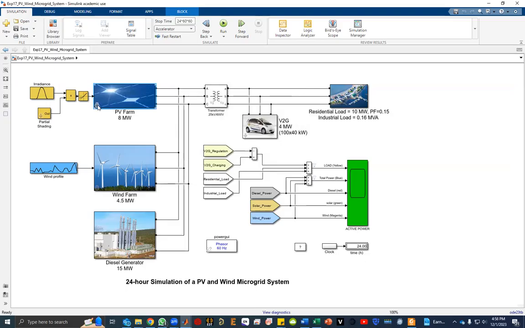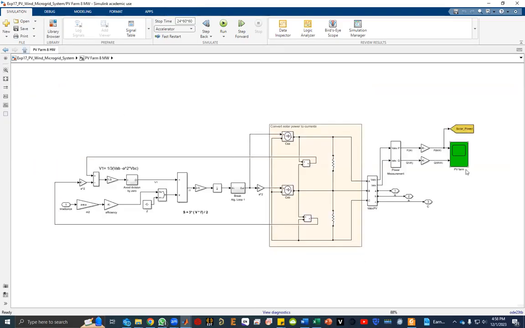Now if I click on this arrow below, then you will see the system. This is the solar converter's equivalent circuit, and these are the different equations that you need to represent a PV farm.